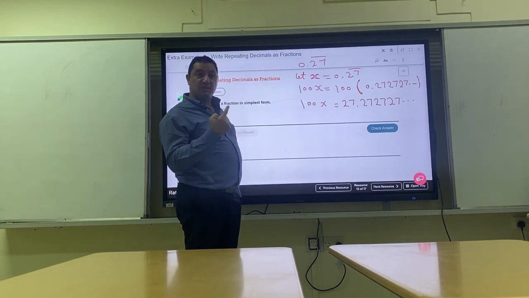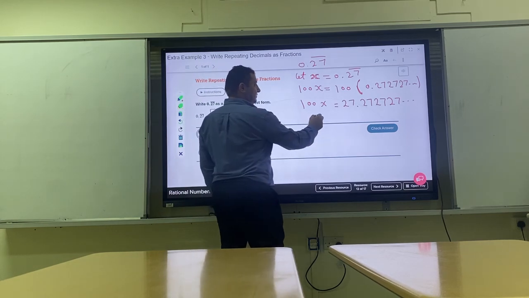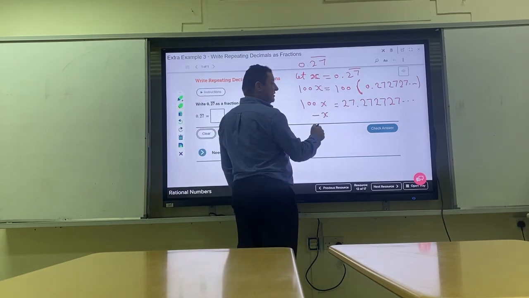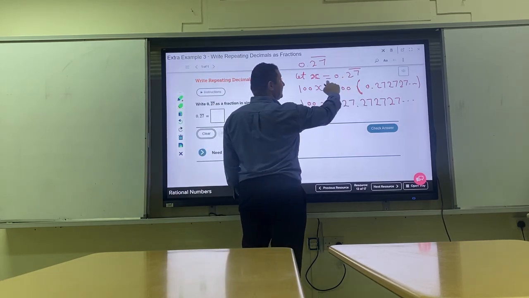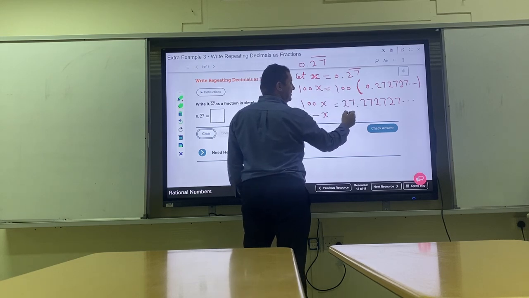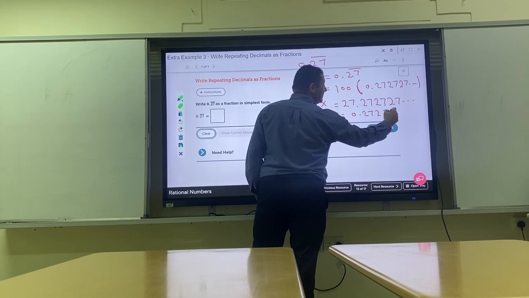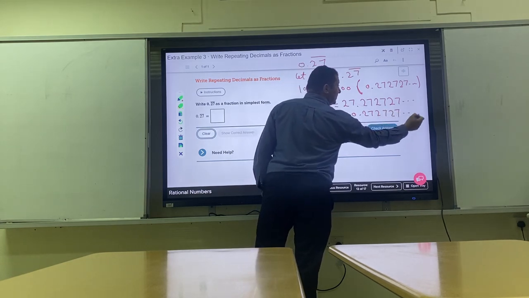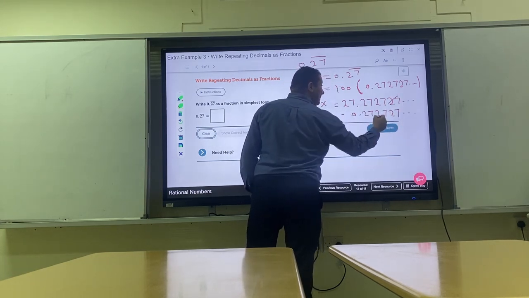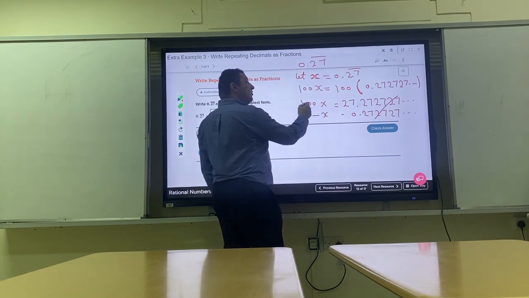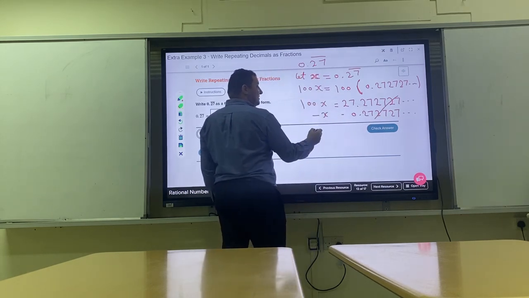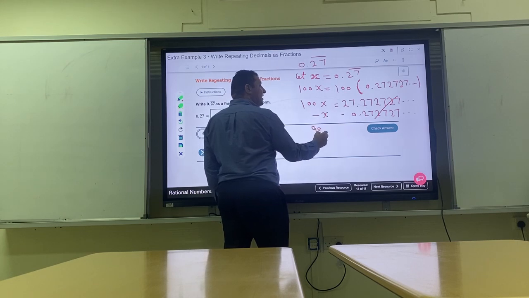If I subtract one x from both sides, and x is 0.27 non-terminating, I will be subtracting 0.27 repeated. So after the decimal, everything cancels. And 100x minus 1x is the same as 99x.